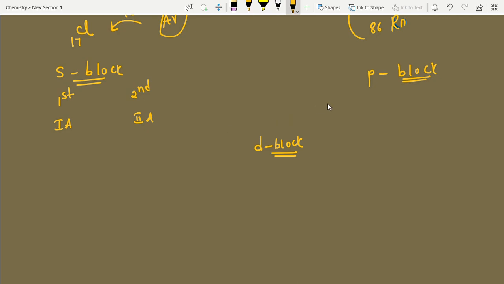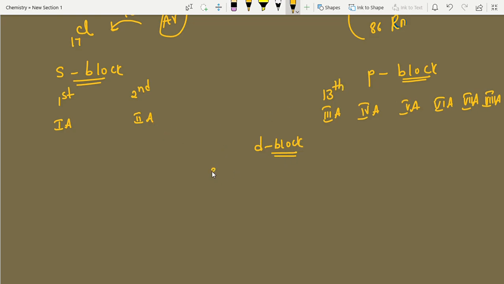Okay, p block. P block starts with group 13. Third A group, this is fourth A group, this is fifth A group, sixth A group, next seventh A, and the last one is eighth A group. According to the new numbering, it starts with the 13th group.